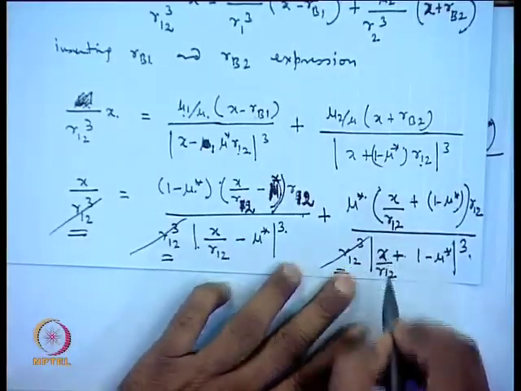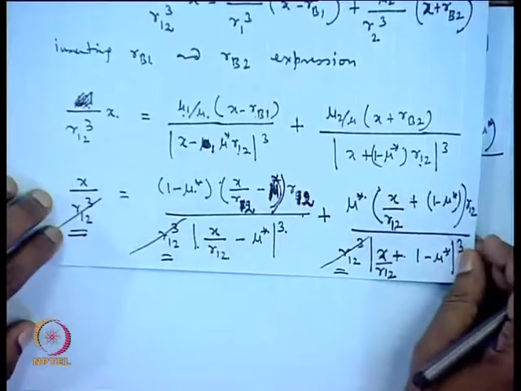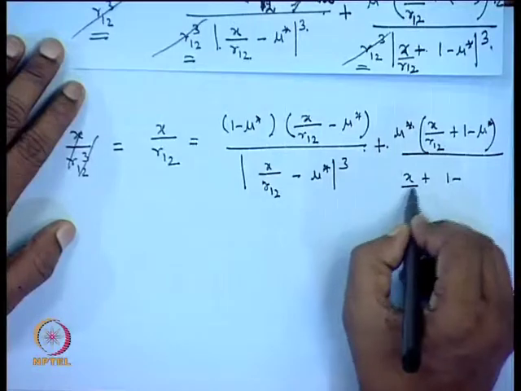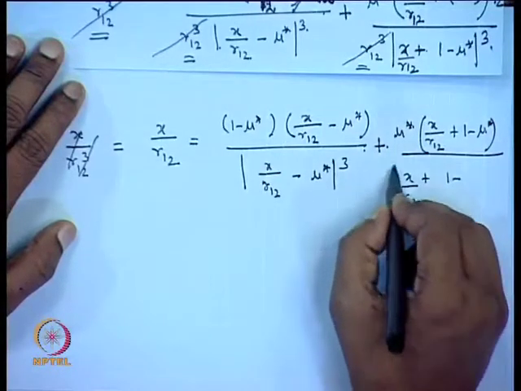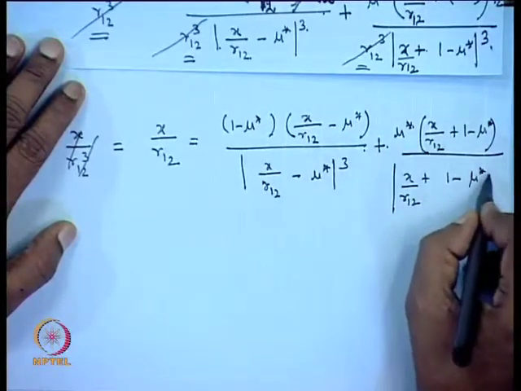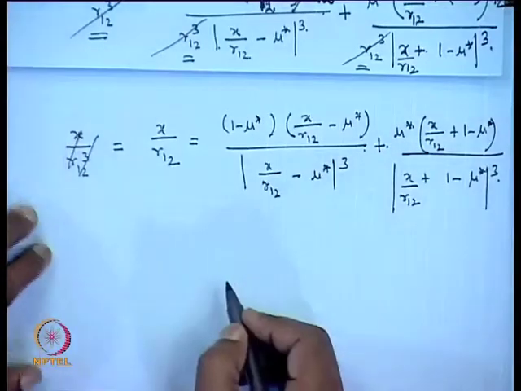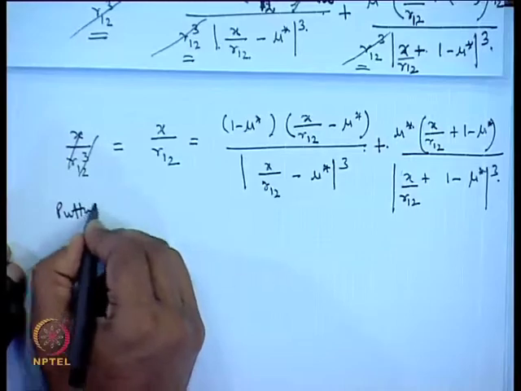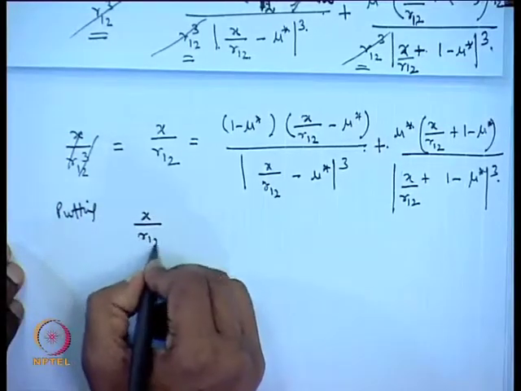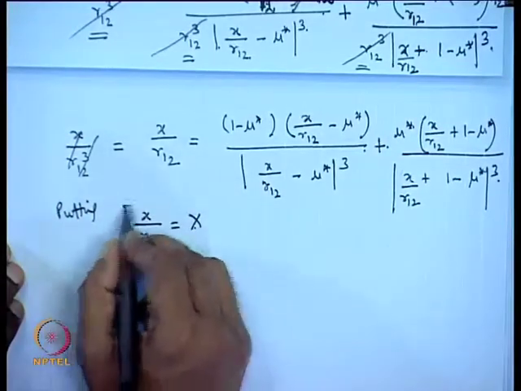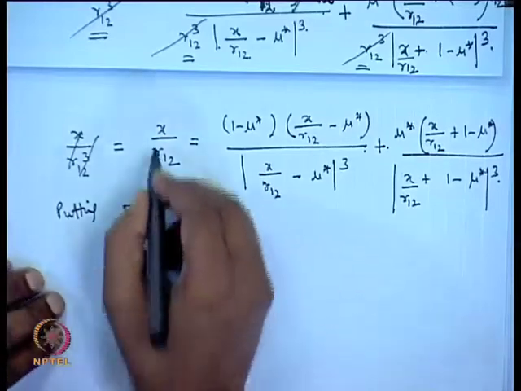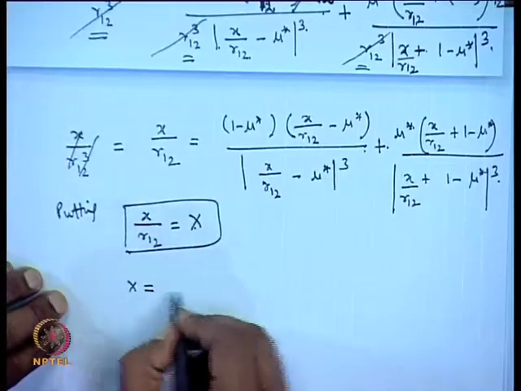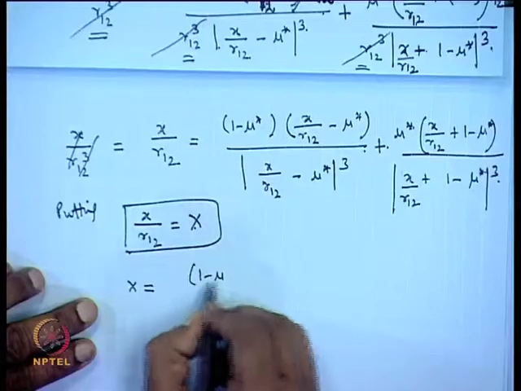So, we introduce here x by r 1 2. Okay. So, this is x divided by r 1 2 plus 1 minus mu star whole cube. Now, putting x by r 1 2 is equal to capital X. Okay. So, the left hand side will become X equal to 1 minus mu star.